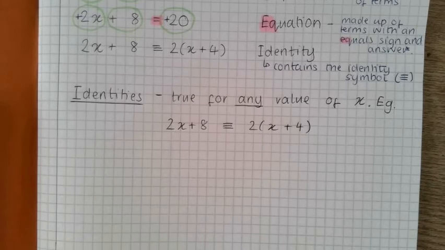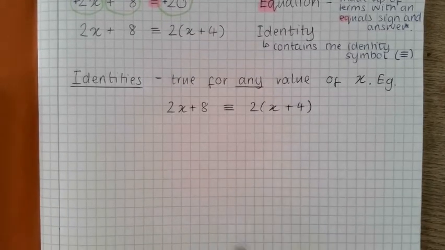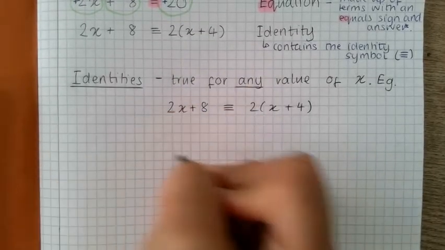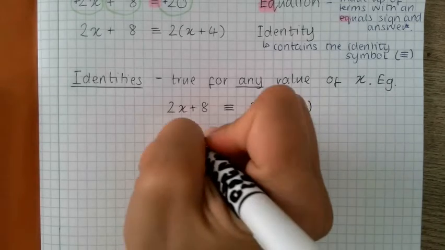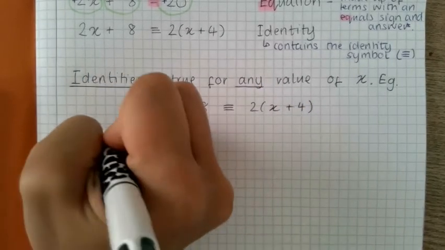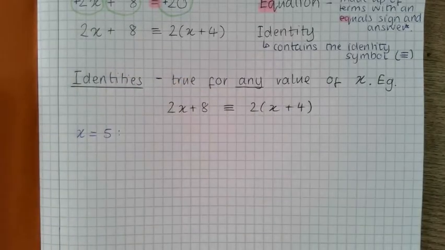But anyway, I'm going to just show you that this identity is true for any value of x. I'm only going to do 2 because our lesson's not really on identities. So I'm first going to take the value of x equals 5, and I'm going to show you that this identity is true for this value.